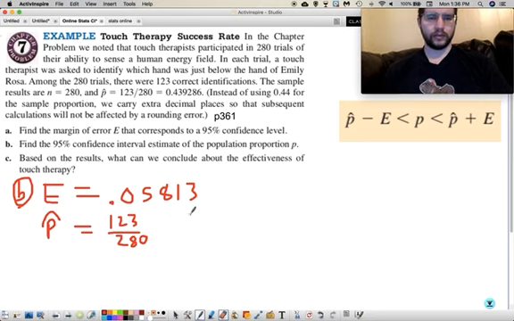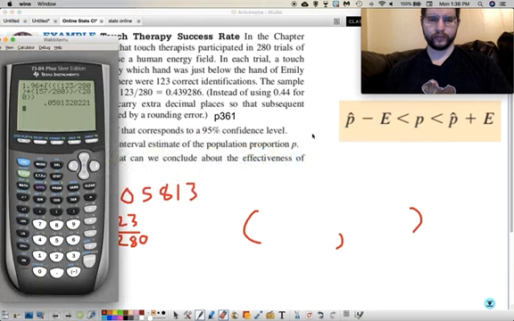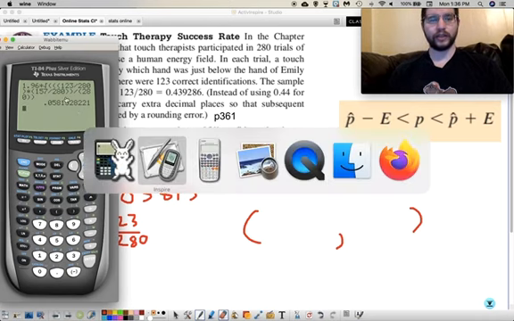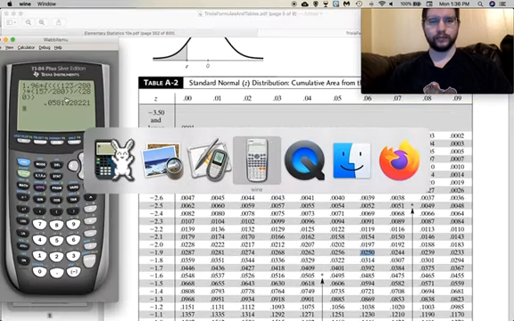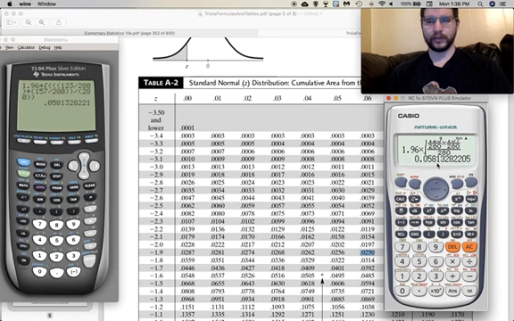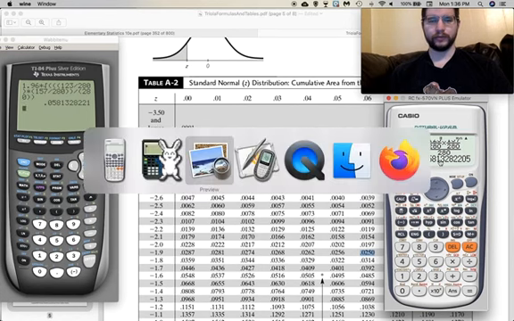All right, so if we take this value and add E to it, we get our upper interval. It is an interval, so I'm going to put it in interval notation. It would be better if you just use the answer key on your calculators, so you don't have any rounding issues.